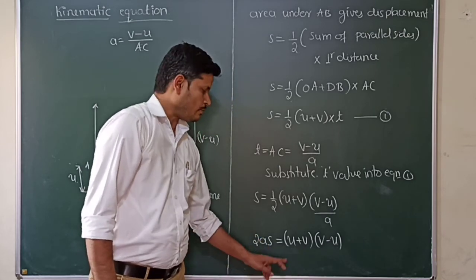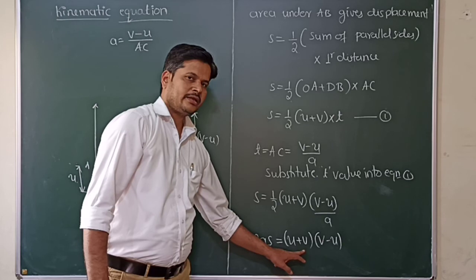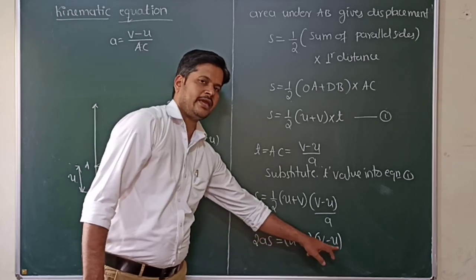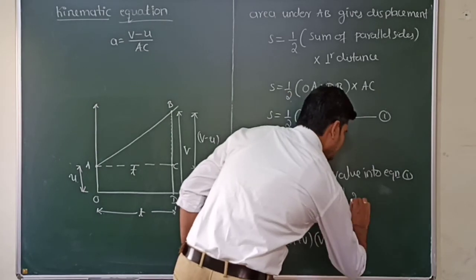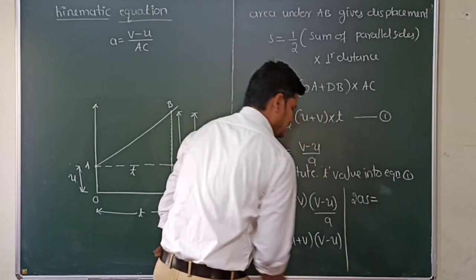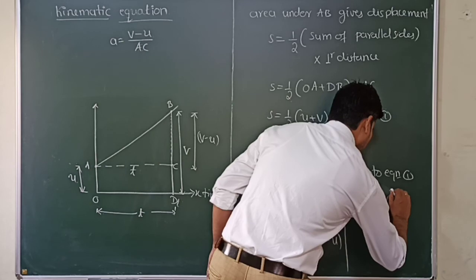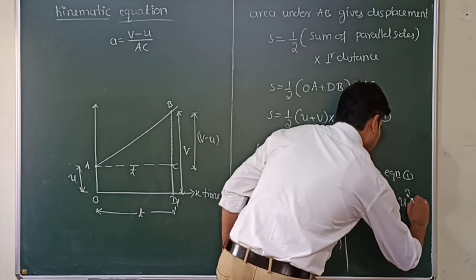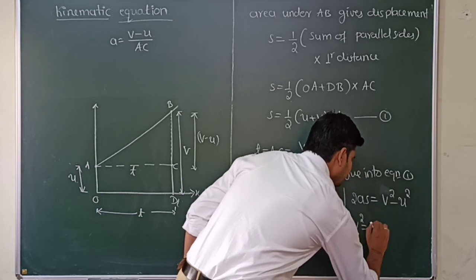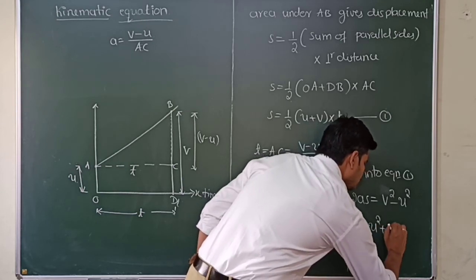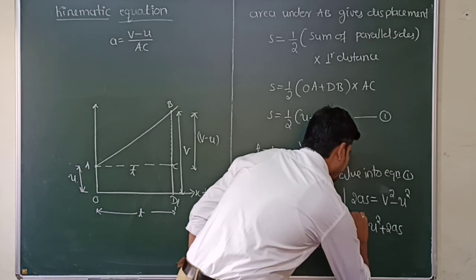This is in the form of a plus b into a minus b, which is a square minus b square. That is 2as is equal to v square minus u square, or otherwise v square is equal to u square plus 2as.